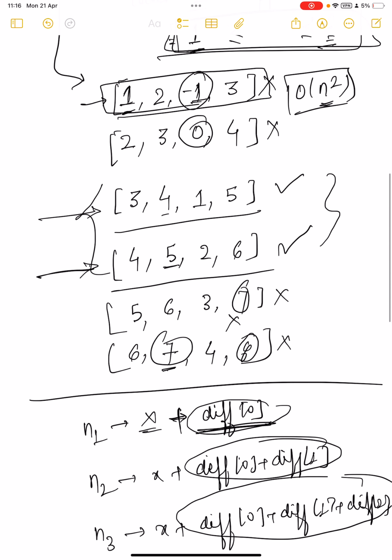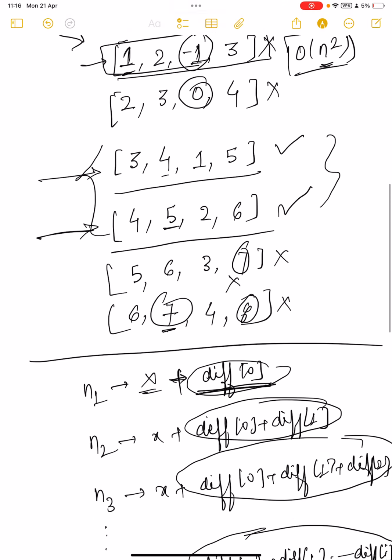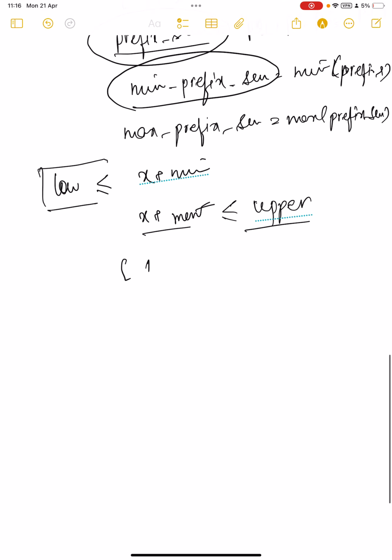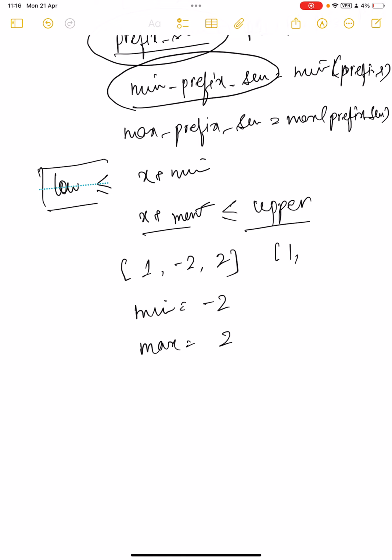So if you look at this example, let me just calculate the prefix sum for this: 1, minus 3 and 4. So if I calculate 1 minus 2, and then if I add 4, this becomes 2. So minimum becomes minus 2, and maximum becomes 2. So now in this, my lower limit was 3 and upper limit was 6.